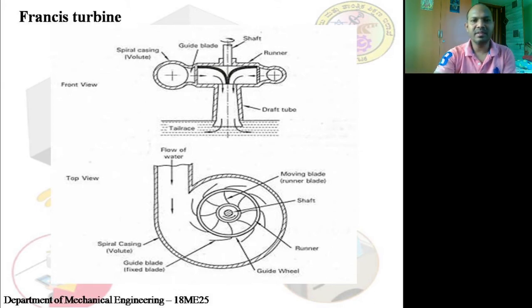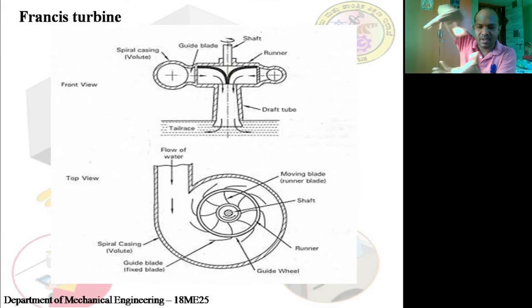Now you can see in the front view we have a runner, and there are two spiral casings on both sides. This is what we call a volute. If you go to any waterworks, you will always see closed tubes which are spiral in shape. This is what we call a volute.